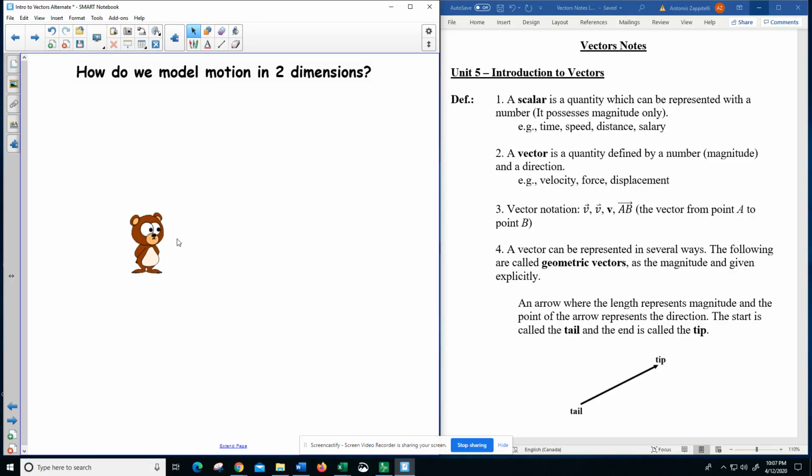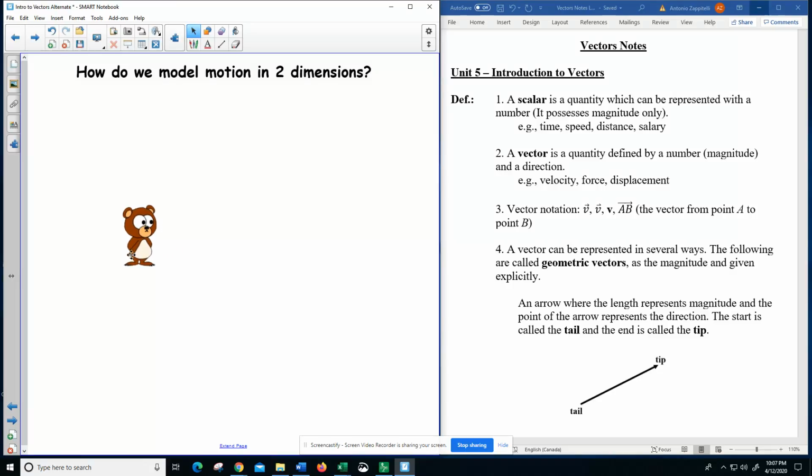So what we need is some new mathematical quantity that possesses both a numerical portion, which we are going to call a scalar, say something like speed, how fast Broccoli Bear's going, so some positive number to represent the speed, and then something to represent the direction.